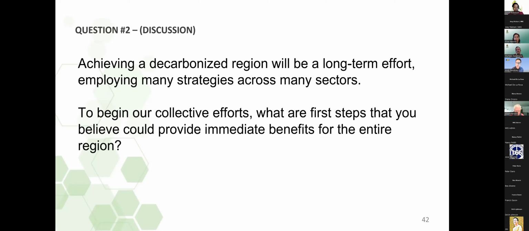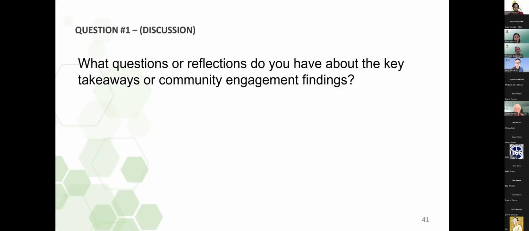Speaking of the chat, I wanted to acknowledge and thank those whose comments have come in. No idea is too small, no idea is too big at this point. Melanie mentioned gas-powered leaf blowers, which are small but not insignificant in their impact.